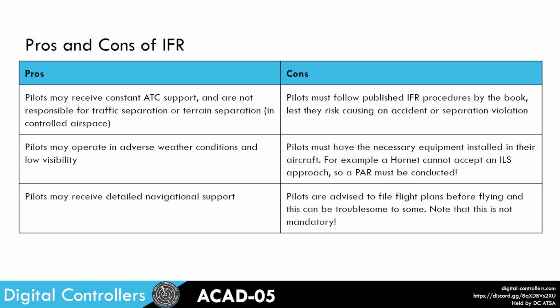And also, pilots are typically advised to file flight plans before flying, just to give us controllers more information about what they are planning to do and things like that. And this can at some times be troublesome. However, we do not require it because it's only DCS.